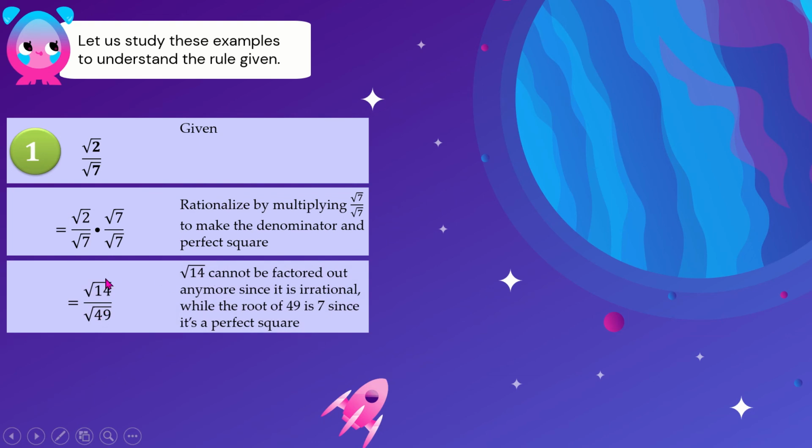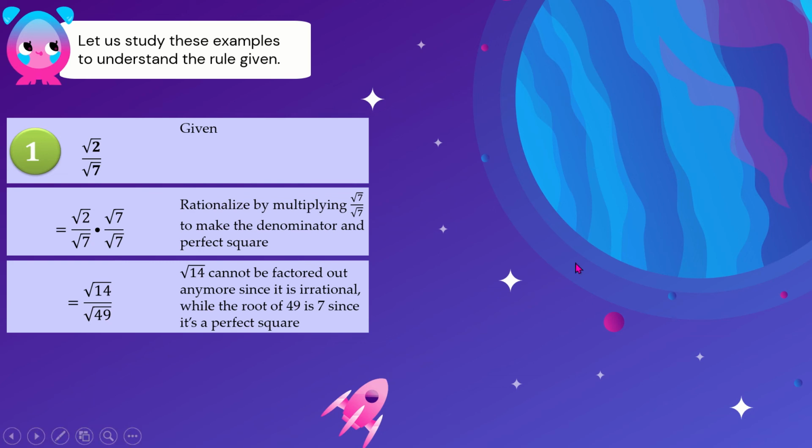So 2 times 7 is square root of 14. And square root of 14 cannot be factored out anymore since it is irrational. Why? Because the nearest perfect squares to 14 are 9 and 16. So even if you break down 14 into 2 times 7, 7 times 2, the factors of 14 are only 7 times 2, and none of the two factors is a perfect square.